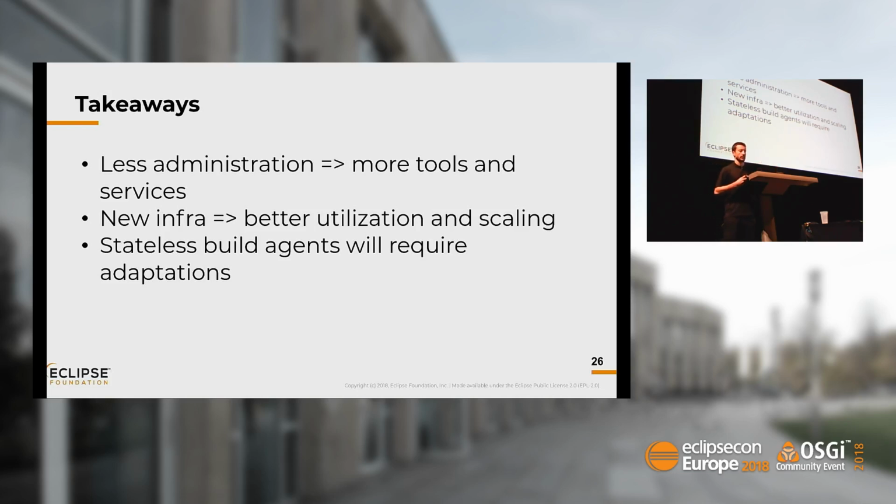As I mentioned, moving to stateless build agents will require some adaptations from the projects in some ways, but we are happy to help. There are some FAQs already that are accessible. If you have any other questions, please send us an email, or even better, open up a Bugzilla issue, or come to us at a conference and talk to us, and maybe we can fix it.